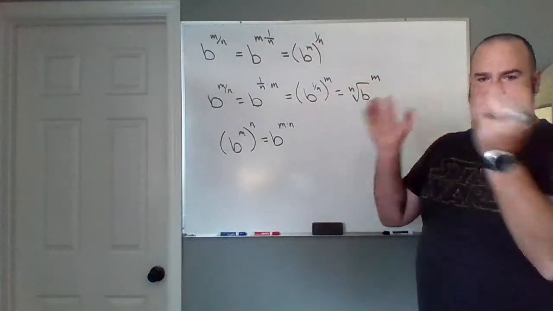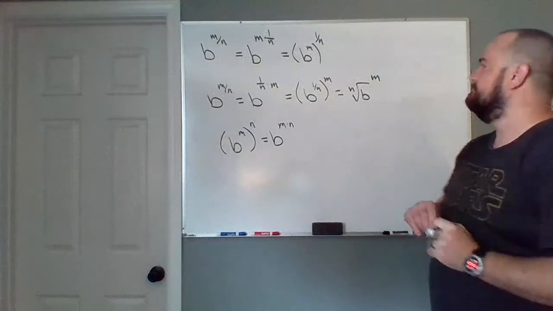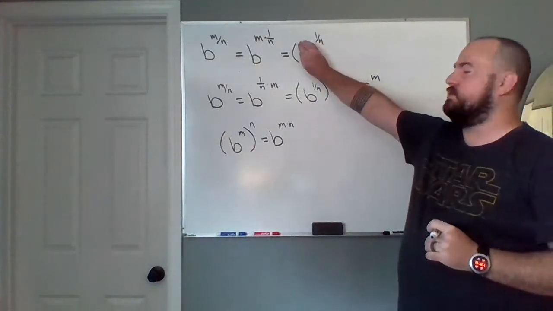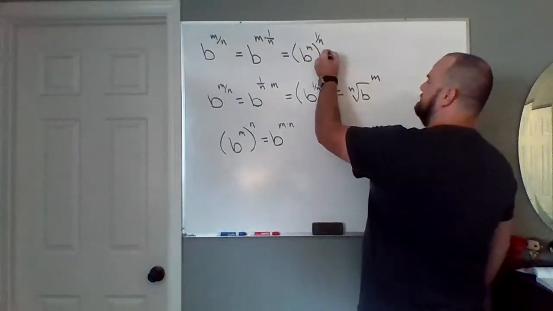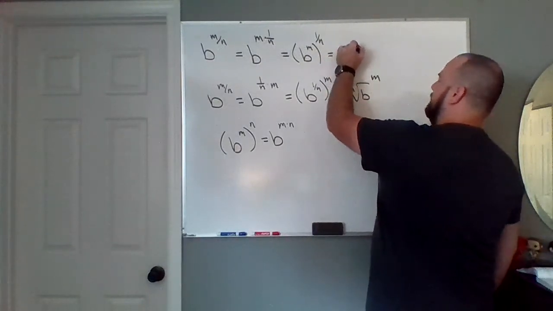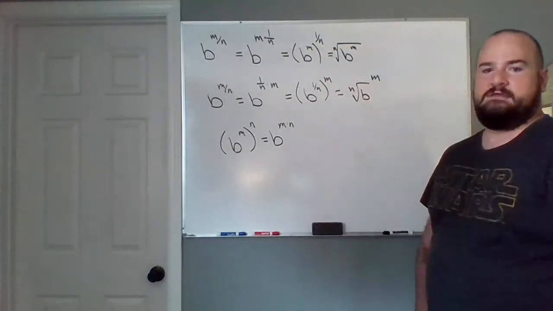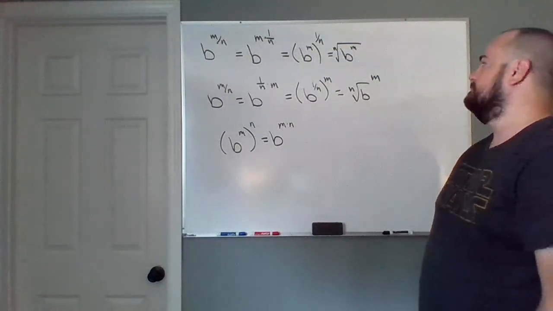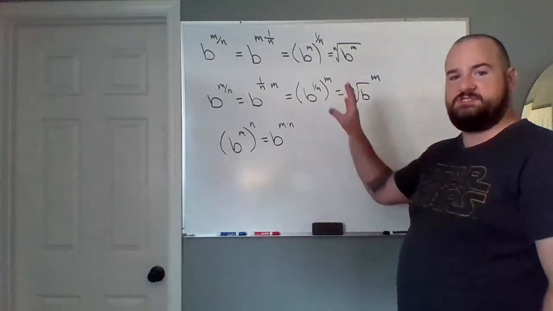I can't do anything with that. That's as simple as it gets, right? We're not going to use the definition that b times b, m times. That doesn't help us. But what I can do is treat this whole thing as the base, and it's raised to the 1 over n, which means this is the nth root of b to the m. And so these two things are equivalent just using these rules.